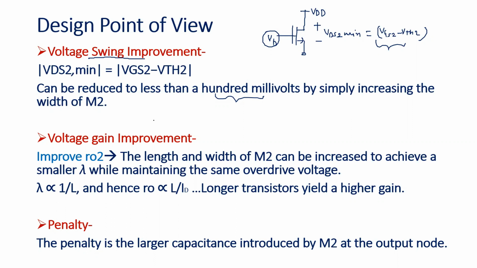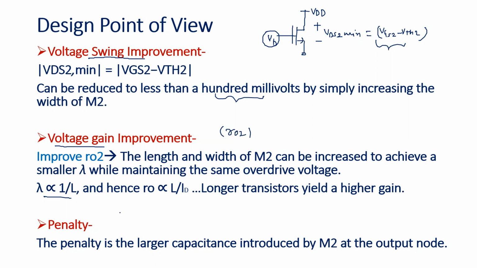Now we have also improved the voltage gain with this design. How did we improve it? Because ro2, which is responsible for gain, can be improved by the length and width of M2. From the relation, lambda is proportional to 1 upon L. So if we increase the length, we can reduce lambda, and if we reduce lambda, our ro can be enhanced.